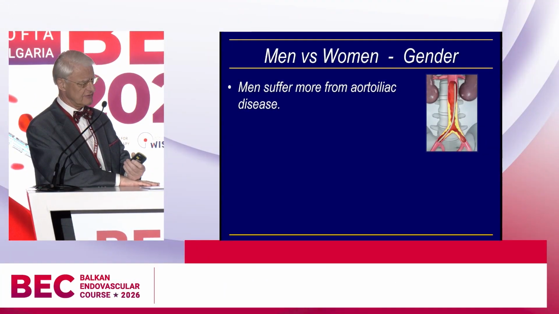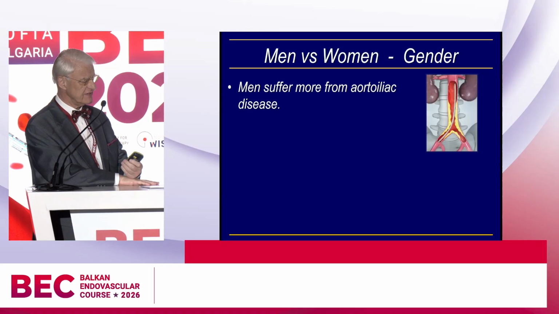Okay, so please show my slides. Endovascular treatment of abdominal aortic stenosis and occlusion. And what is the gender effect?